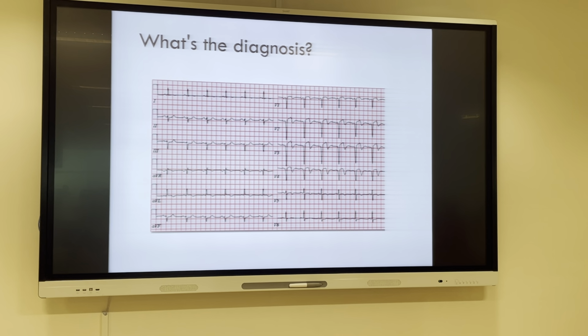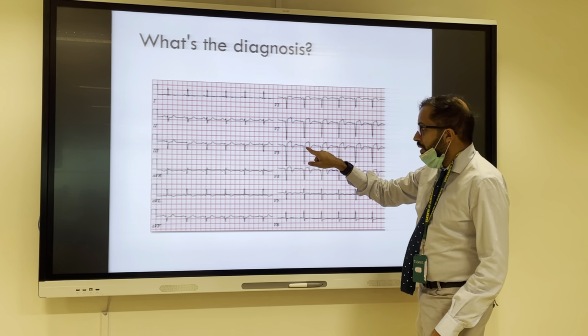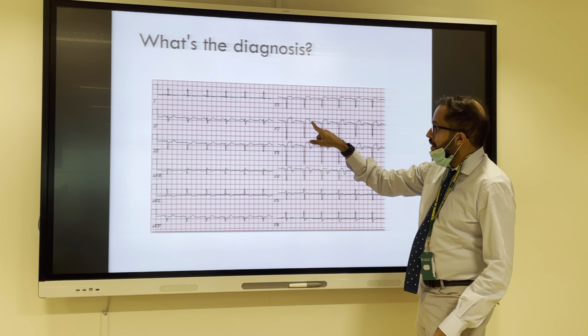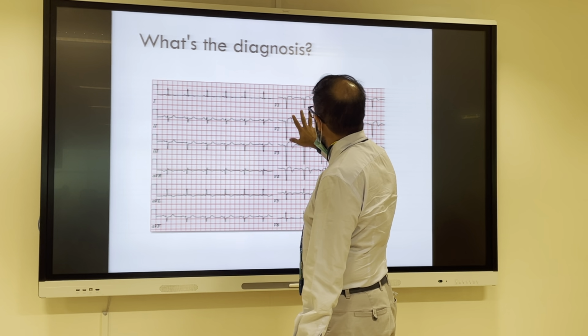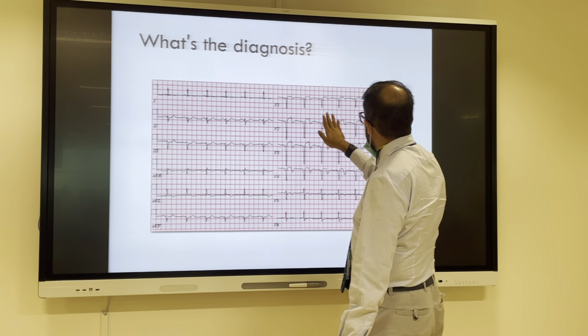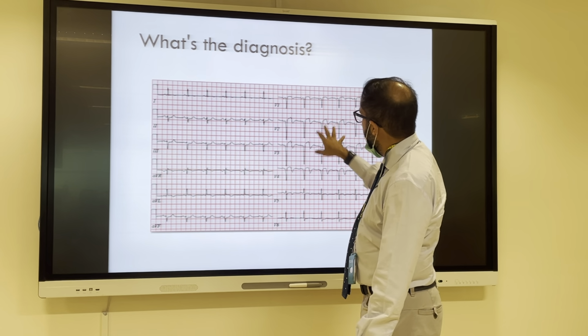So ST elevations, this is a Q wave, with ST elevation, and then in one place, anterior septal, anterior lateral, so anterior septal.